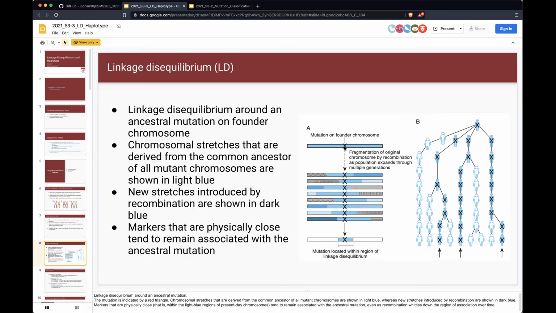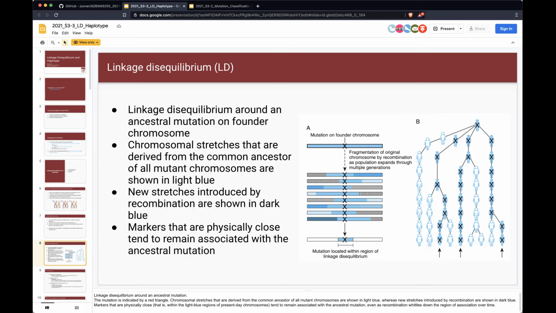If you look at that mutation on the founder's chromosome, it has to be inherited to the present generation, which is you. And this mutation forms LD because this mutation is sitting somewhere in the chromosome, and that region forms genetic linkage with the other regions, right?